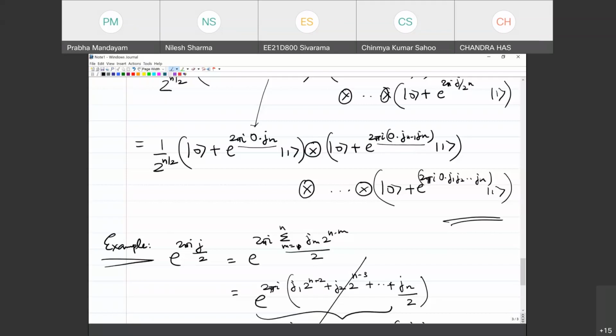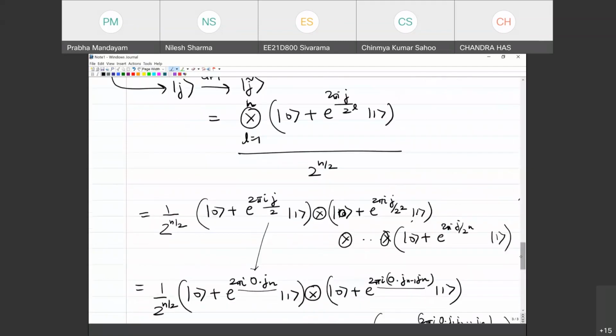In the very last one, I have e to the 2 pi i j by 2 to the n, right? Because this is l going from 1 to n. Remember this tensor product. So the last one has j by 2 to the n. Then you realize that all the bits will contribute to the phase, right? Because the expansion is power of 2 to the n minus m, so the largest power is 2 to the n minus 1.